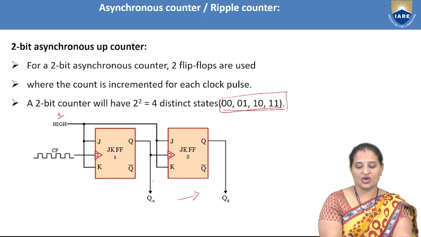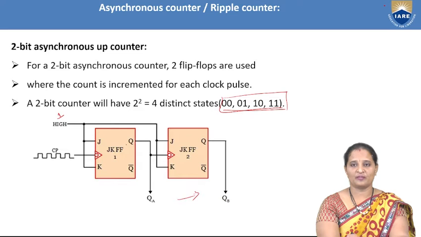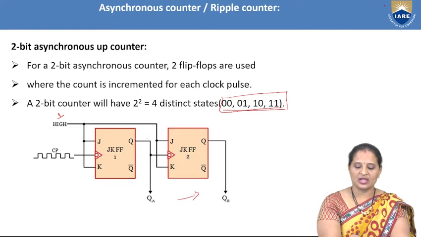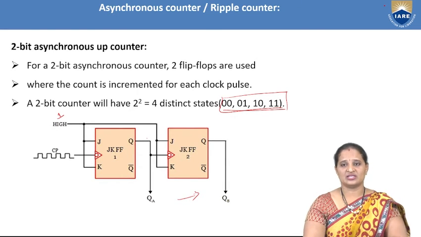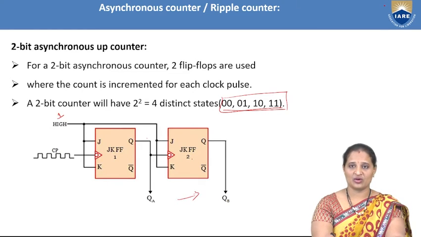As you all know, any flip-flop can have 2 outputs, Q and Q complement. I am taking Q as the output here. I am representing the output of the first flip-flop as QA and the second flip-flop as QB.